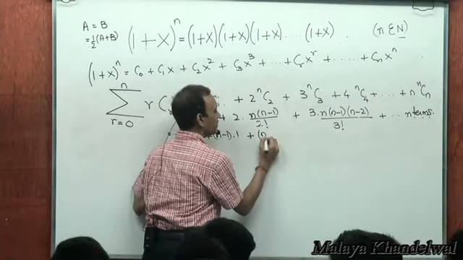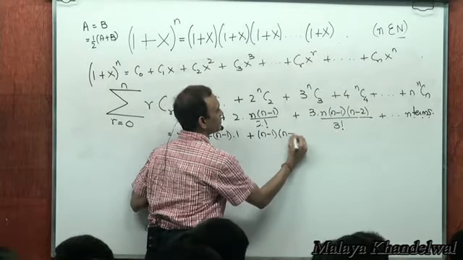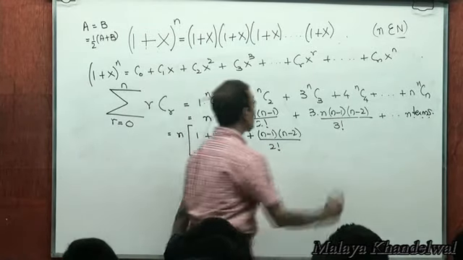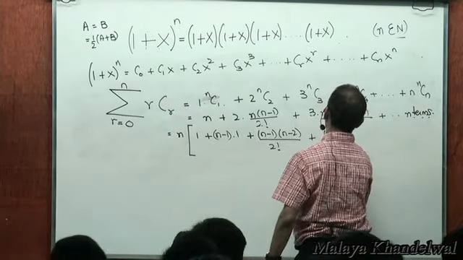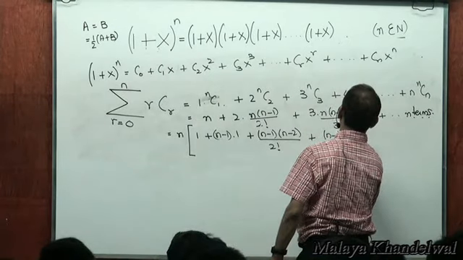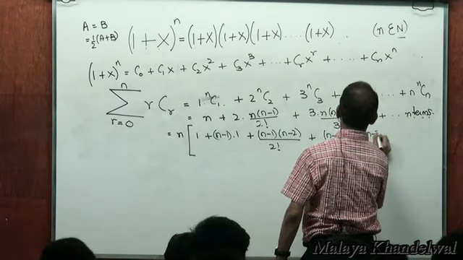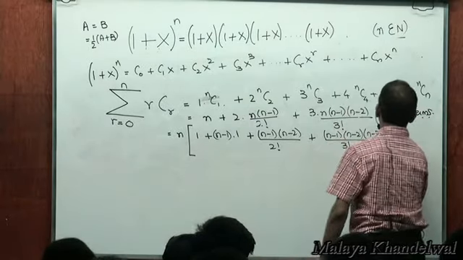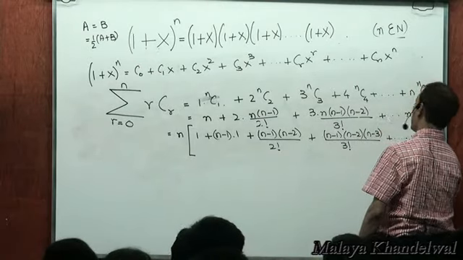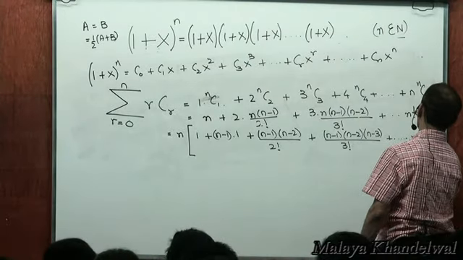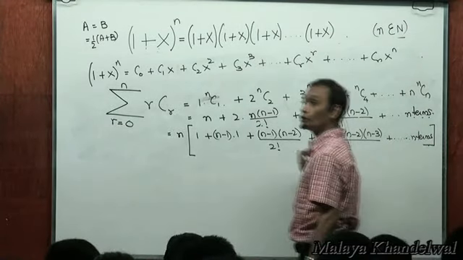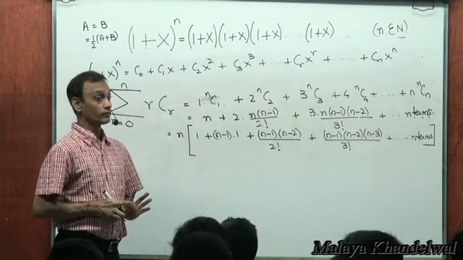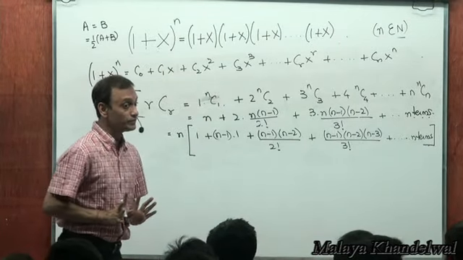So, n minus 1 into n minus 2 by 2 factorial. Similarly, the next term that you get would be n minus 1 into n minus 2 into n minus 3 by 3 factorial, up to how many terms? n terms. Yes or no? Right? So far so good?